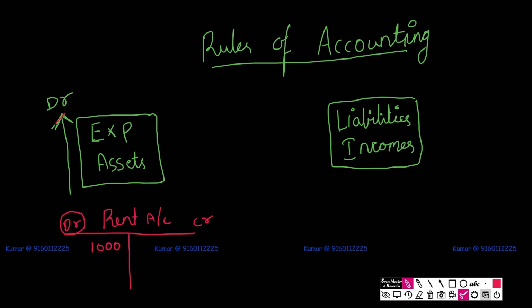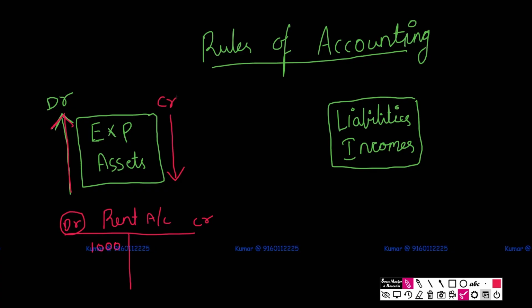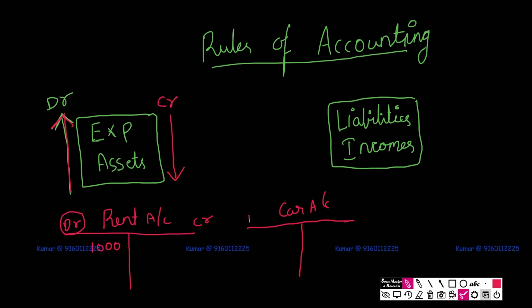So that is this rule. When expenses or assets increase, we need to debit. When expenses or assets decrease, we need to credit it. For example, let us take the car account. The car account also has a debit side and credit side.